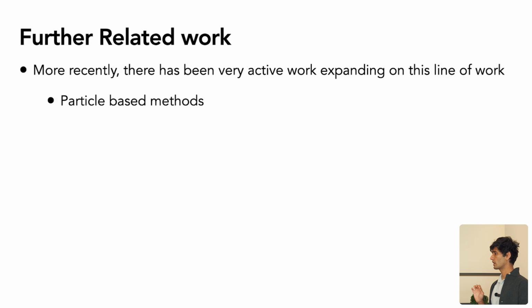People have been using what are called particle-based methods, which corresponds to having a bunch of different parallel trajectories of your language model and trying to understand the relative quality of these different trajectories, and trying to decide which ones to keep and which ones to curb. Again, it turns out this is very closely related to ideas from physics and ideas from sampling, and roughly they are referred to as particle-based methods. And it's again satisfying to see that these ideas come back in this modern light.